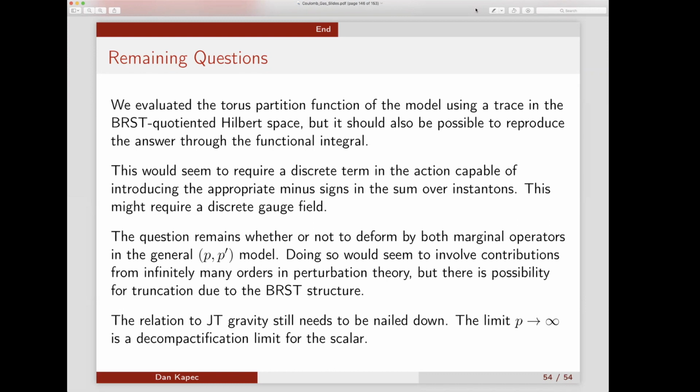So what is the function that you're trying to, I mean, what is it giving an answer to? Well, it's supposed to be giving an answer to the gravitational path integral, which involves doing a functional integral over metrics and also matter fields, which are coupled to dynamical gravity.